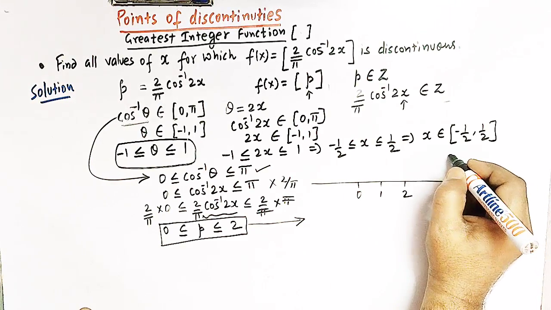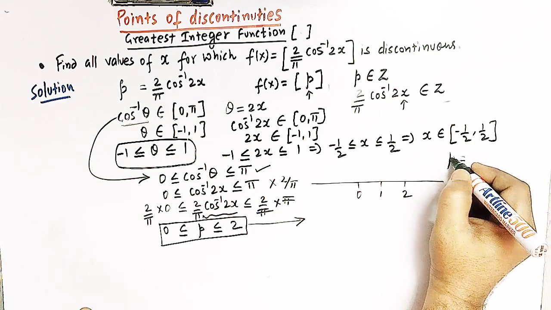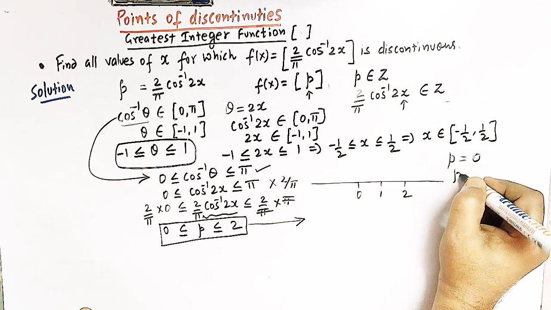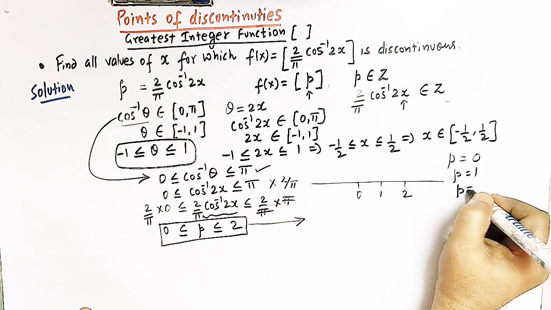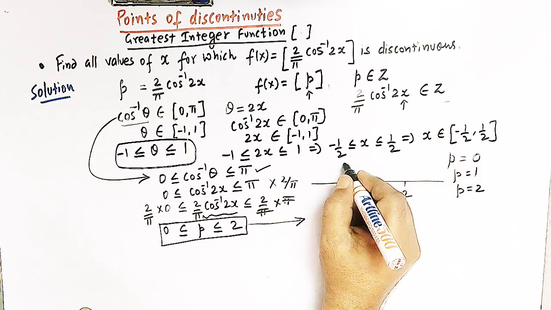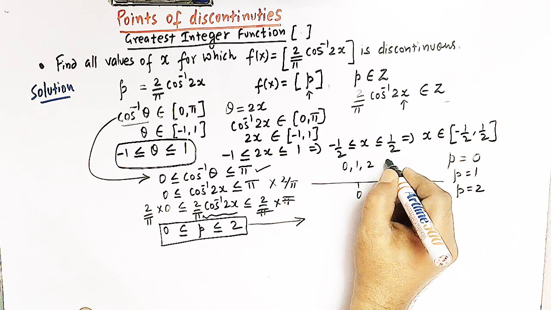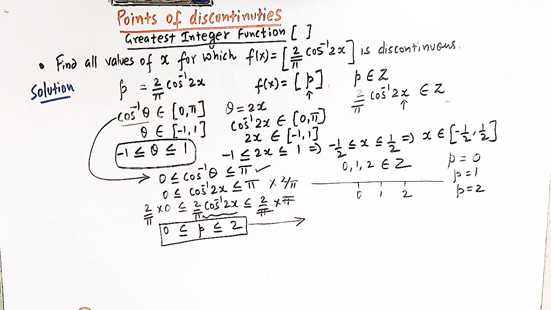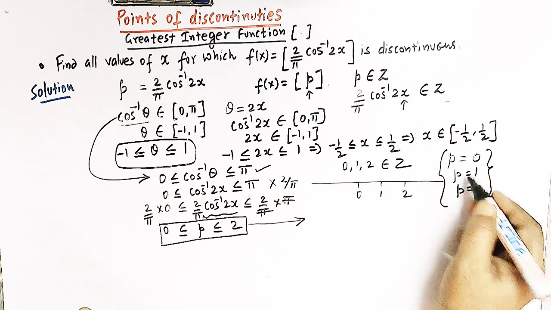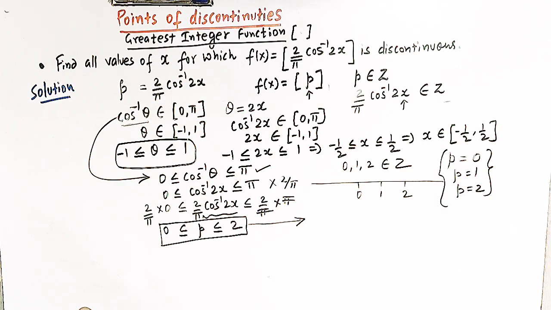So now here p can take 3 integer values, that is p is equal to 0, p is equal to 1, and p is equal to 2, and these integers, that is 0, 1, 2 belong to the set of integers, right? So let us now solve these 3 equations to get the value of x.